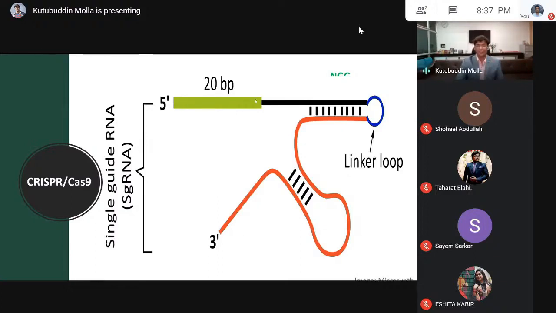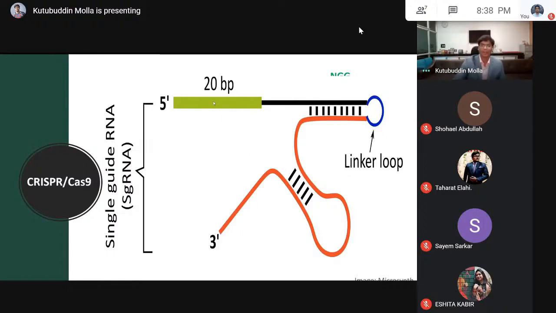So now, suppose this one is for gene A. Now you want to target gene B. Now you have to change only this 20 base pair sequence, and the other portion will remain the same. In technical terms, we call this one a protospacer, and this one is a scaffold. This is a total of about 97 base pairs. So you have to change only 20 base pairs to target a new gene.